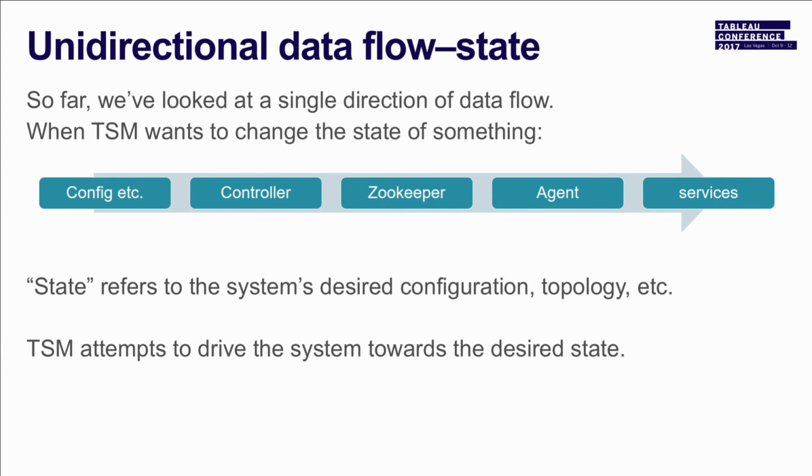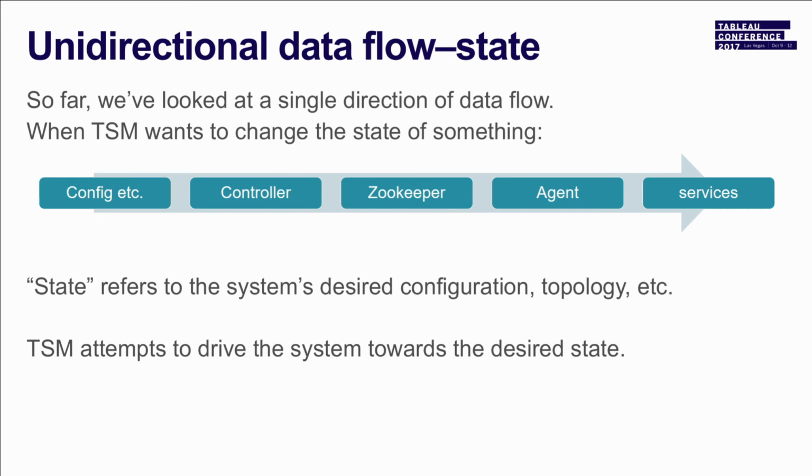All right, let's take a second and recap, because I've just thrown a ton of architecture information at you guys. And the big picture that I want you to take away from this talk is unidirectional data flow.